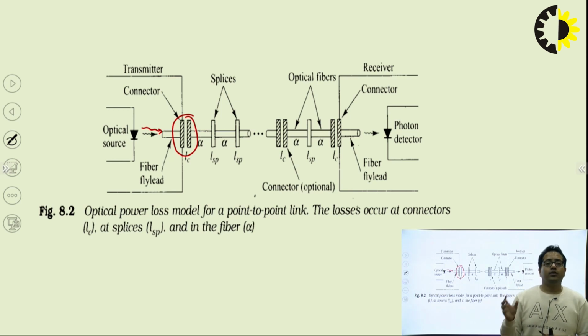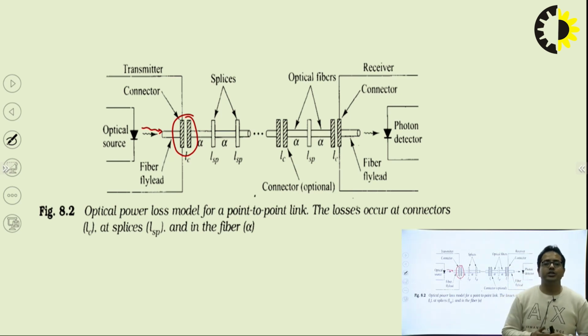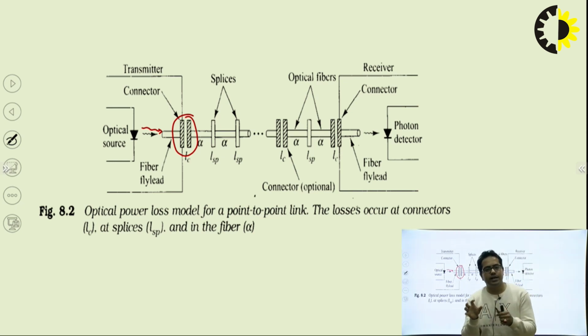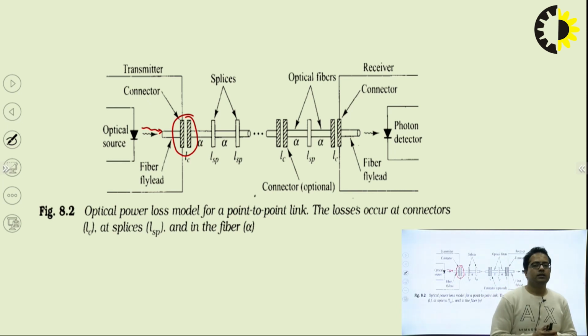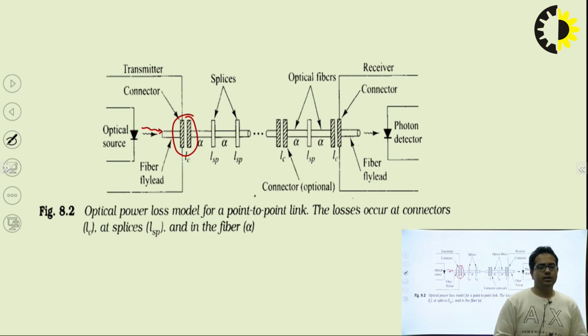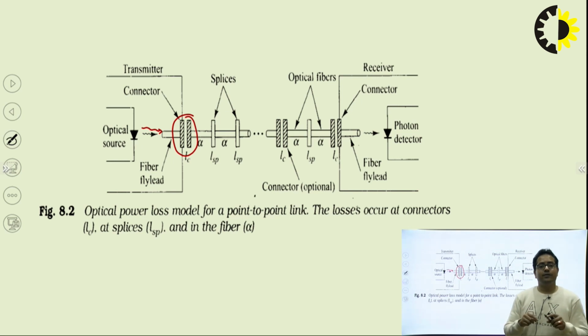For providing a 500 kilometer connection, we need various fiber spools, because we have spools of some standard length. Suppose the standard length of a fiber spool is 10 kilometers or 15 kilometers, then to cover a range of 500 kilometers, we need multiple fiber spools, and these fiber ends have to be joined in order to couple the light.